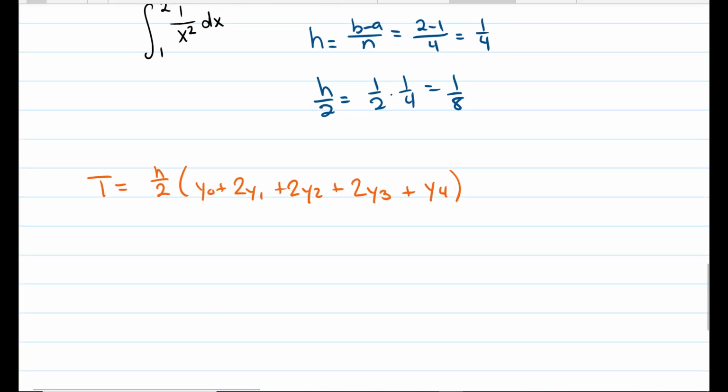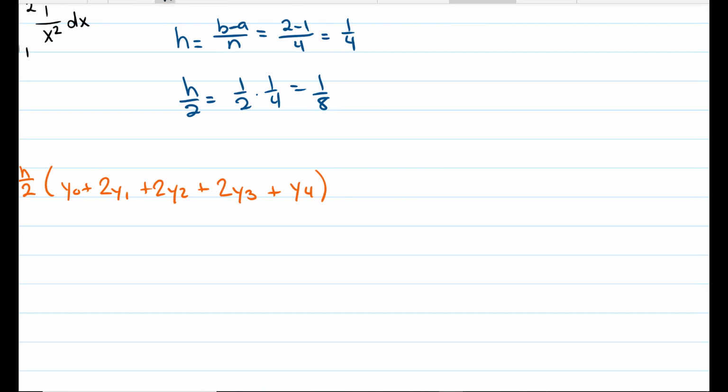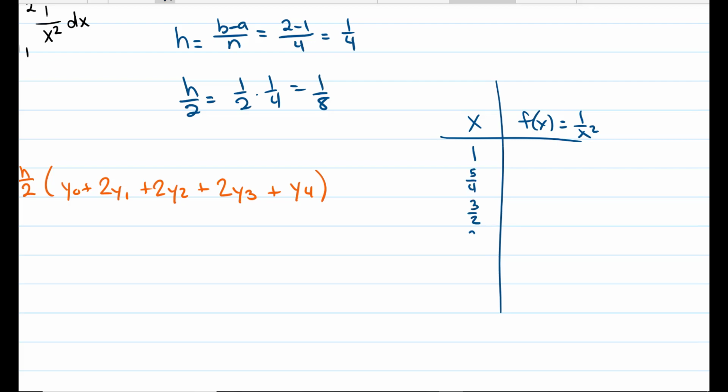So what I recommend to do to get all those y values is just make a t-chart or graph it on your calculator. Whatever you need to do to get the values. And we're going to use our x values 1, 5/4, 3/2, 9/4, and 2. And where these numbers come from is because I'm adding 1/4 each time, because that's my delta x value, or my height of the trapezoid.